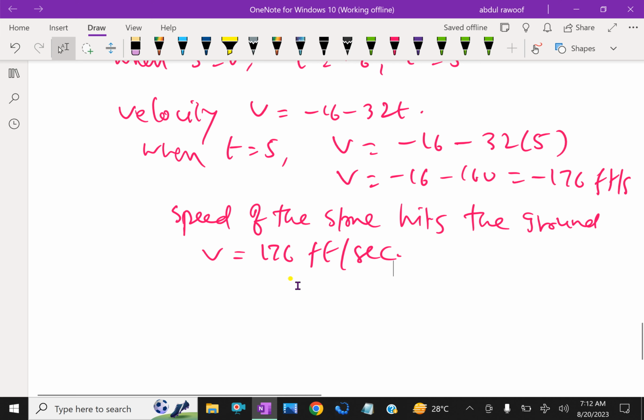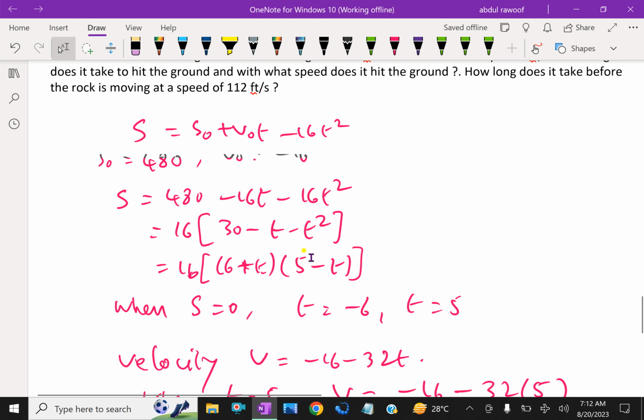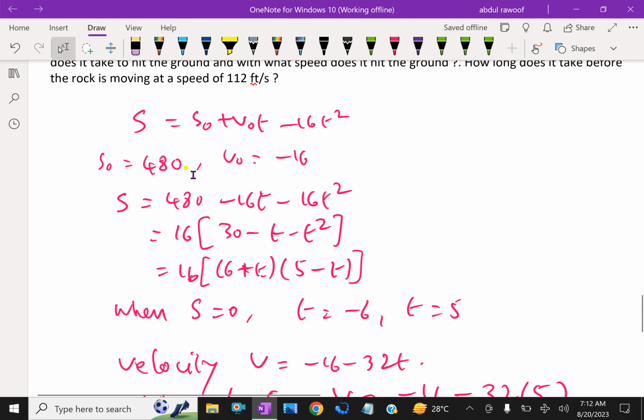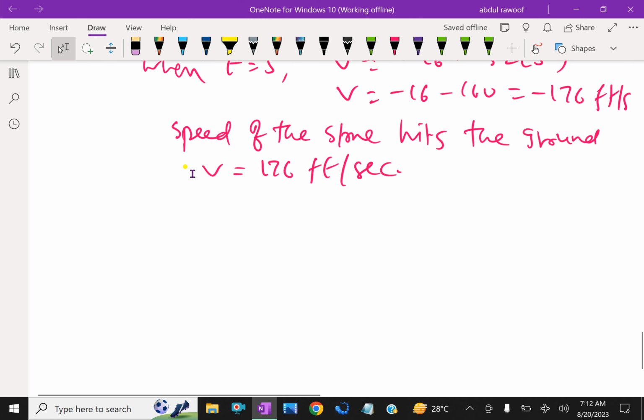Now under the same conditions, how long does it take before the rock is moving at a speed of 112 feet per second? Suppose the speed is increasing on the way down. Here the final speed is 176.